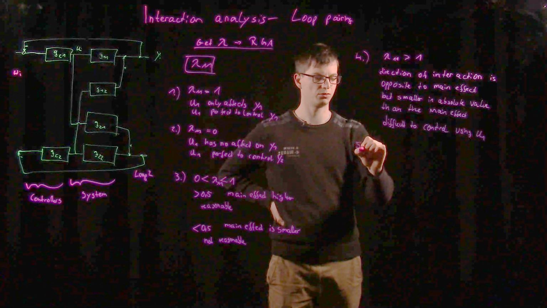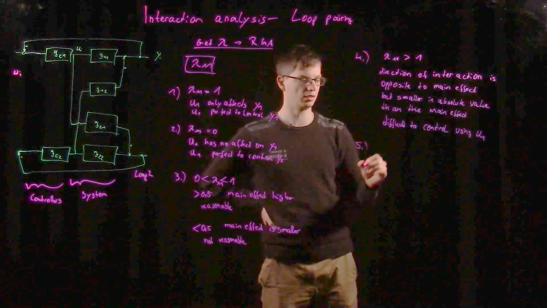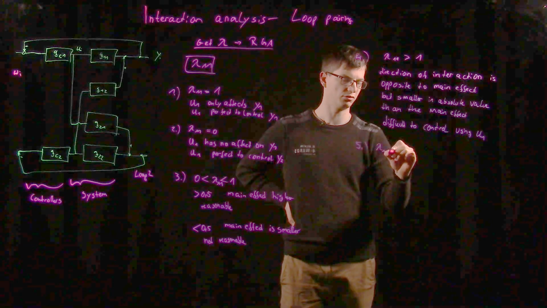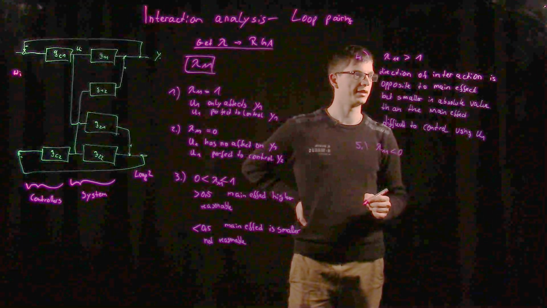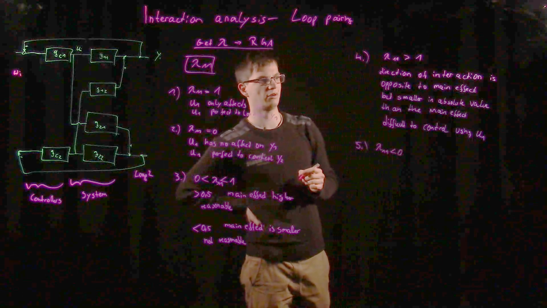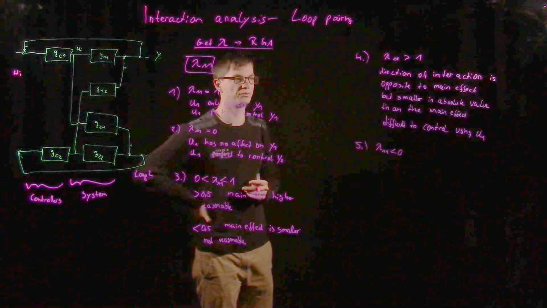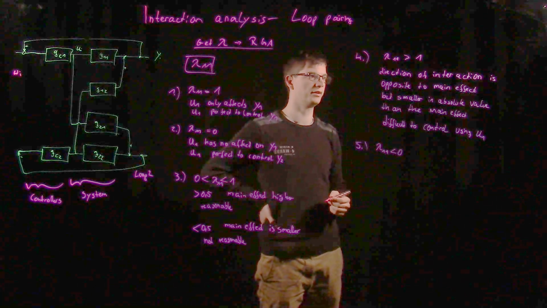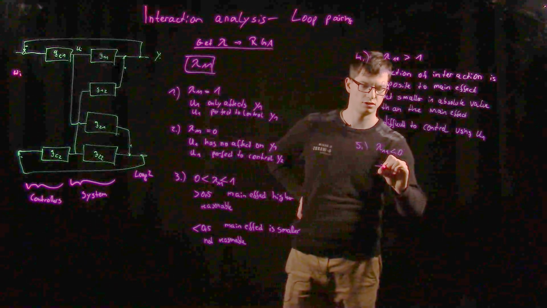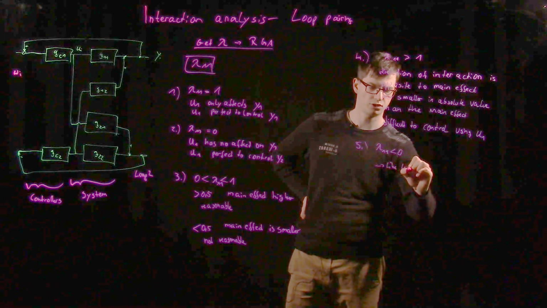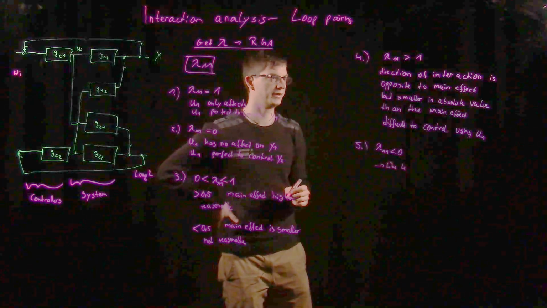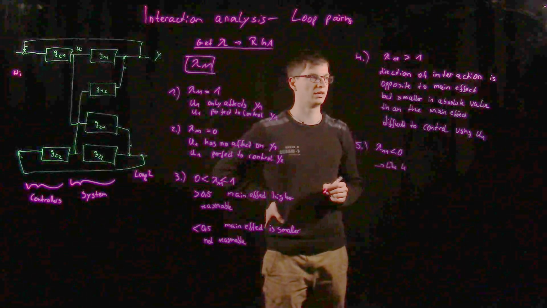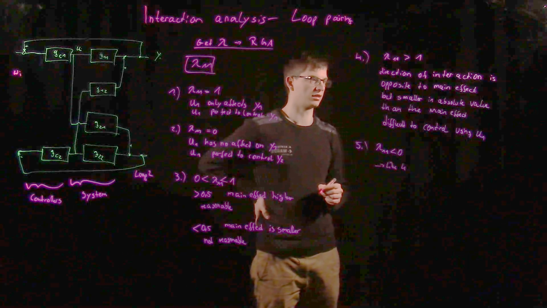The fifth point would be when lambda 1,1 is actually smaller than 0. And now we say that the direction of the interaction is the opposite to the main effect, just as in the previous part. So like 4, but the interaction is larger in absolute value than the main effect.